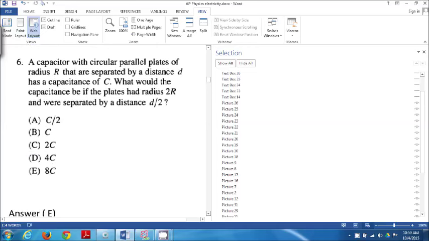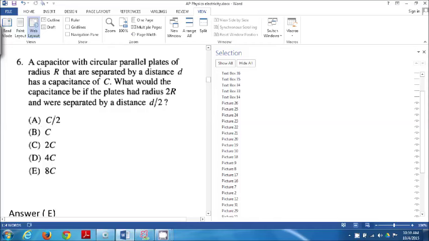A capacitor with circular parallel plates of radius R that are separated by distance D has a capacitance of C. What would be the capacitance if the plates had radius 2R and were separated by distance D by 2? The capacitance is proportional to the area and inversely proportional to the distance.